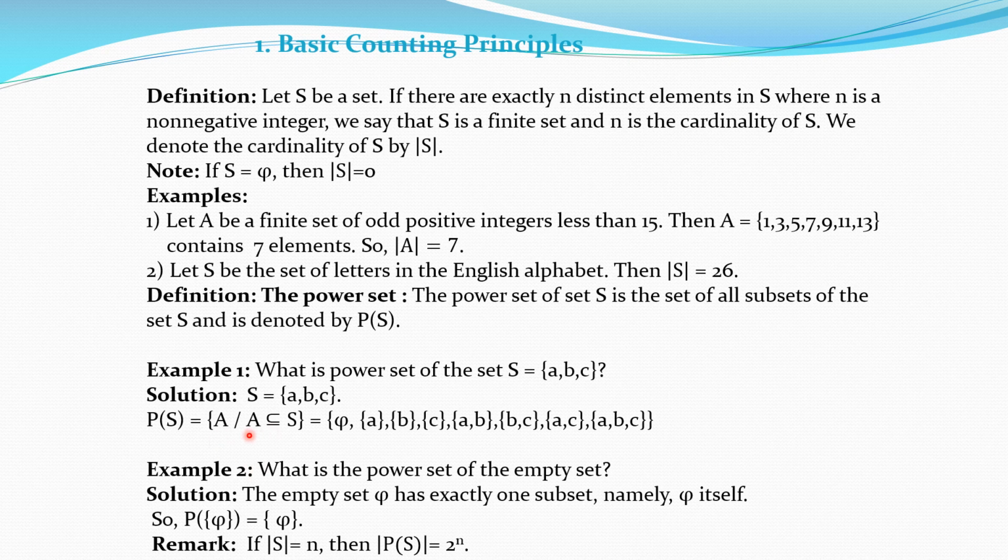See the elements 1, 2, 3, 4, 5, 6, 7 and 8. So if S contains 3 elements, then cardinality of P of S is 2 cube. Similarly, if S contains 5 elements, then cardinality of P of S will be 2 raised to 5, that is 32.